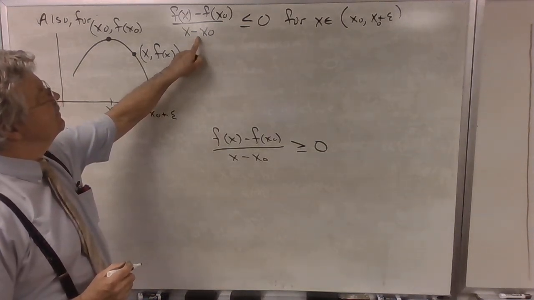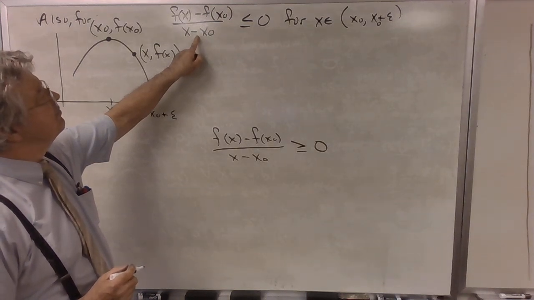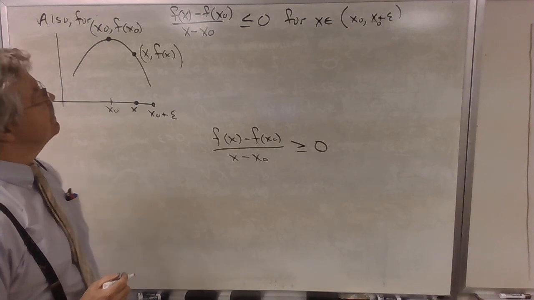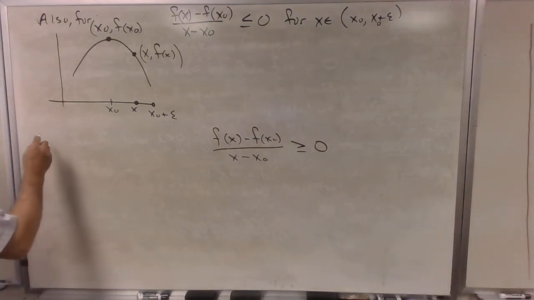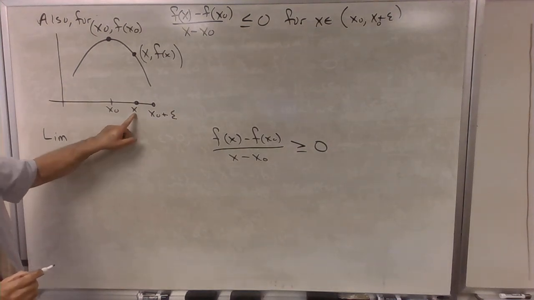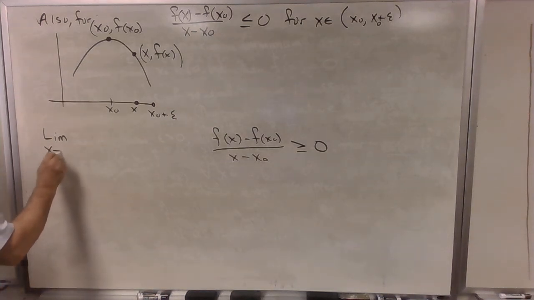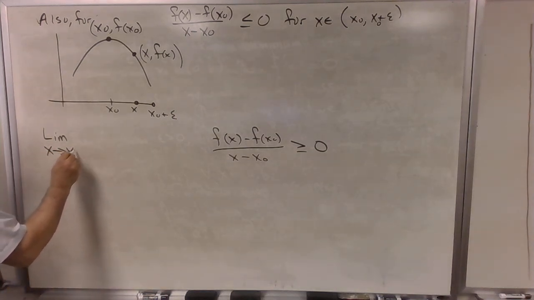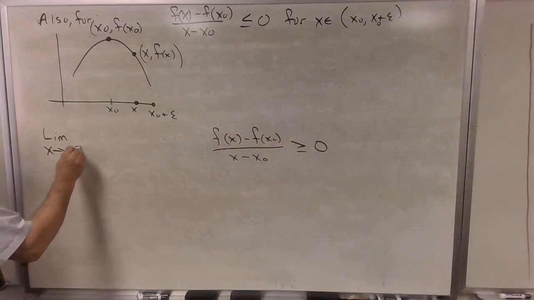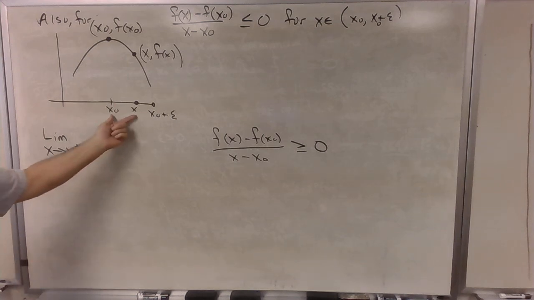This thing is less than 0. So if I do the limit, and let's see, x is to the right of x naught. So if I do the limit as x approaches x naught from the right, then this is the scenario that we're talking about.